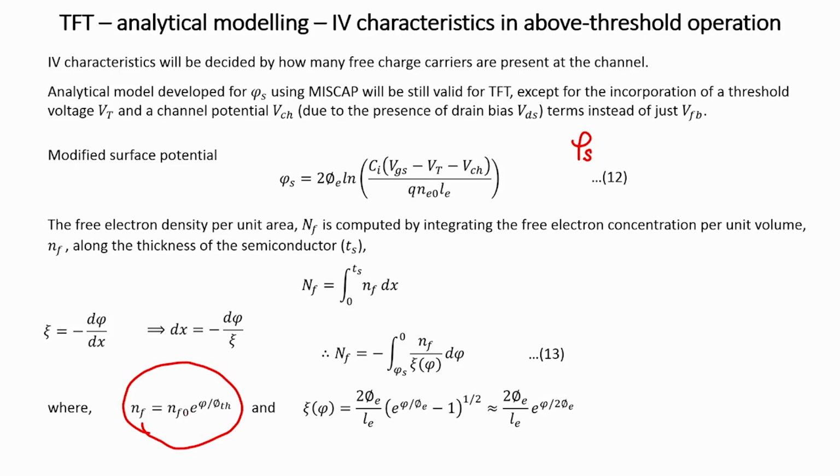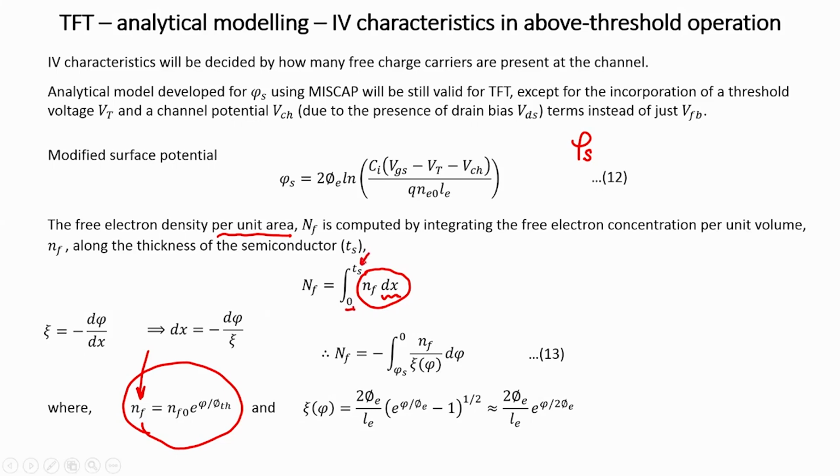But the surface potential defines the free carrier concentration per unit volume near the surface. However, for the definition of your current densities, okay, it is useful to define the free carrier concentration per unit area, and the way this is done is by integrating NF in thickness, from 0 through the thickness of the semiconductor.